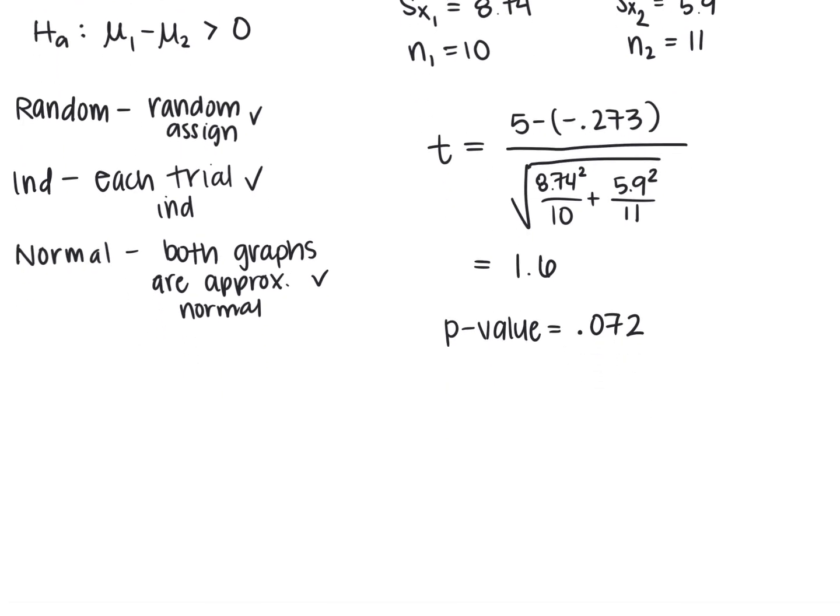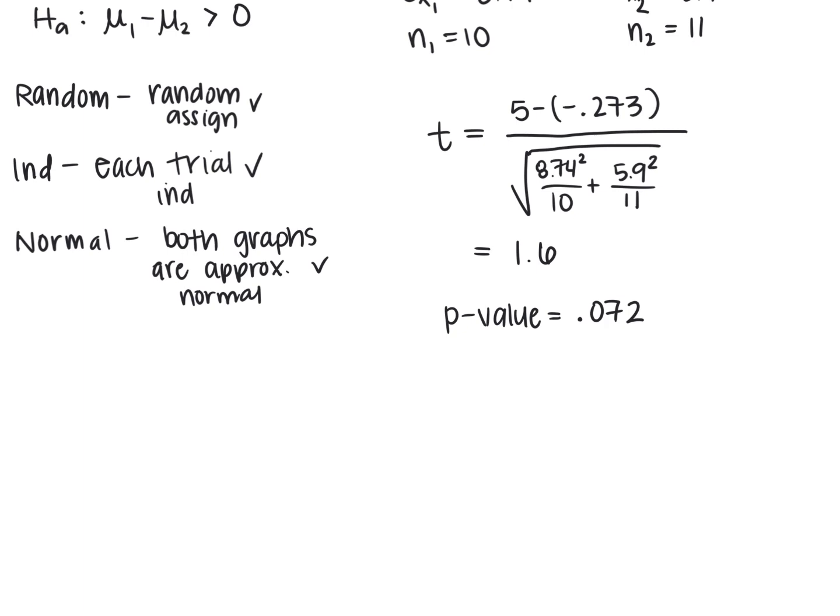Now, it does not give us a level of significance alpha. And whenever we are not given a level of significance, we always use 0.05. So when I compare that to 0.05, it is greater than 0.05, which tells me we are going to fail to reject our null hypothesis.